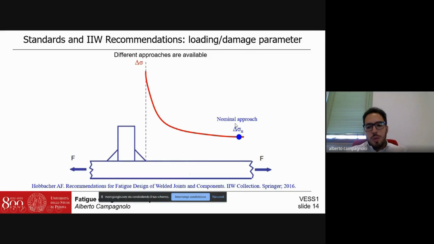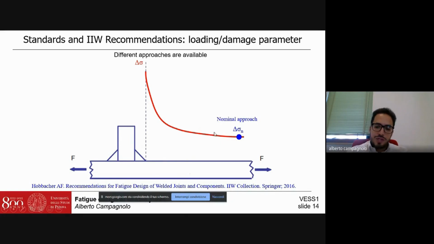So the nominal stress approach does not account for the stress concentration effect due to the presence of the weldment, does not account for the geometry of the weldment, and is based on the global geometry of the joint.